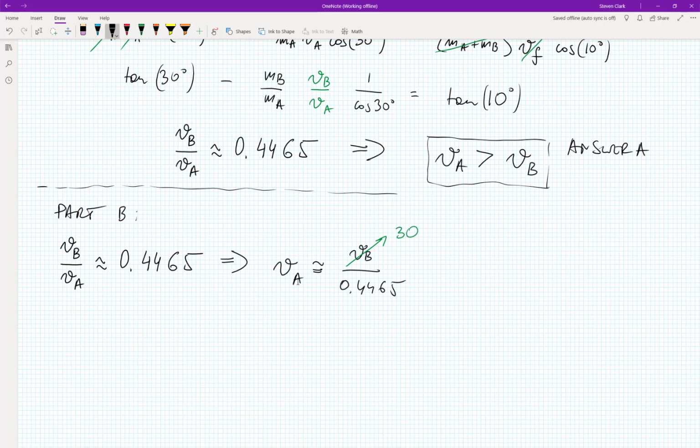And if we do that, we will obtain that VA was traveling at approximately 67.185 miles per hour. Okay, this is answer B.